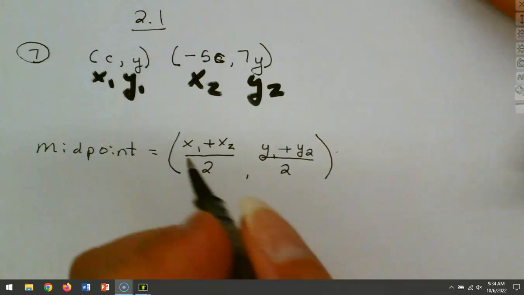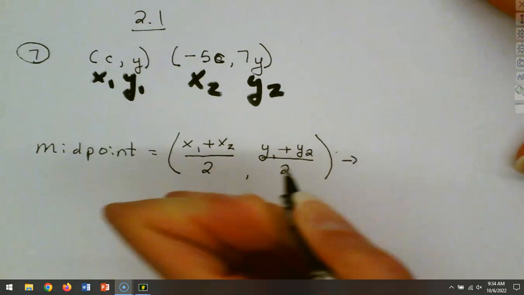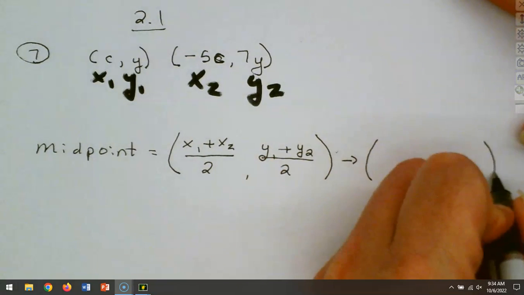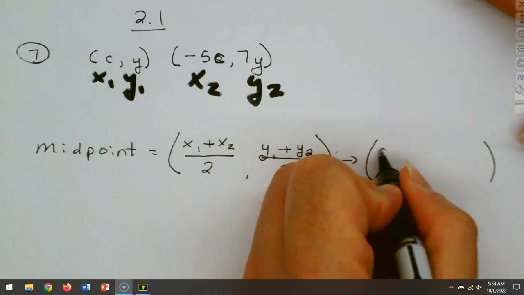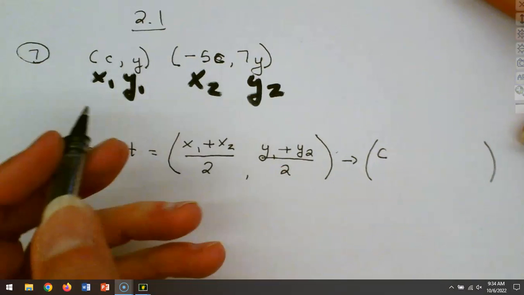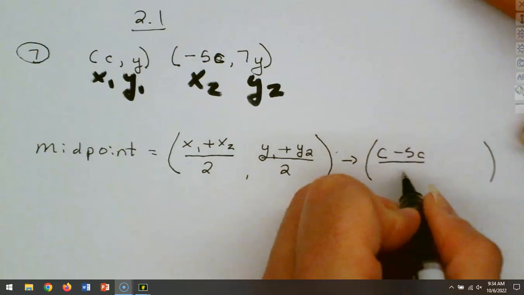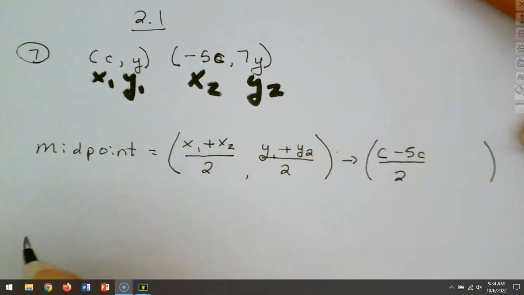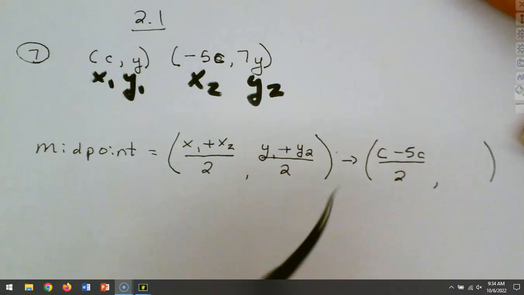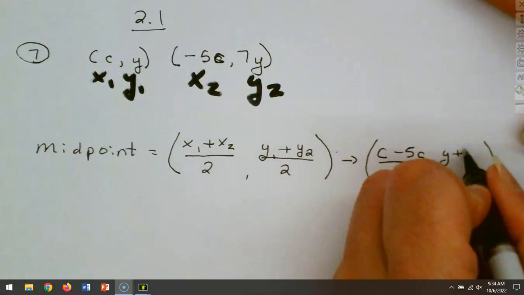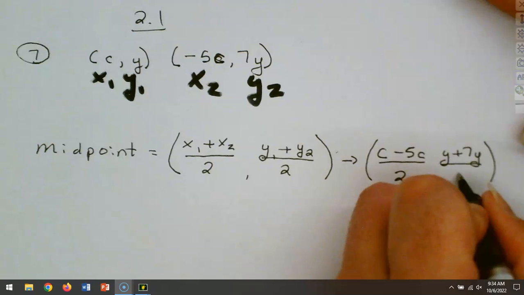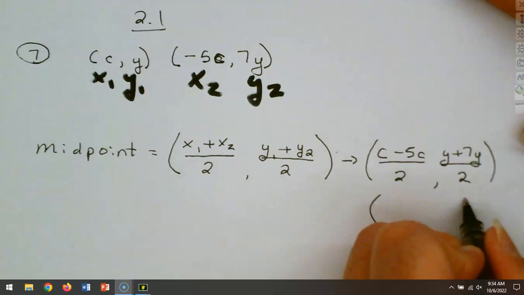So let's go ahead and plug our numbers in. x1, which is c, minus 5c, because that's x2, over 2. And then we've got y plus 7y over 2. Well, that's easy enough to work with.